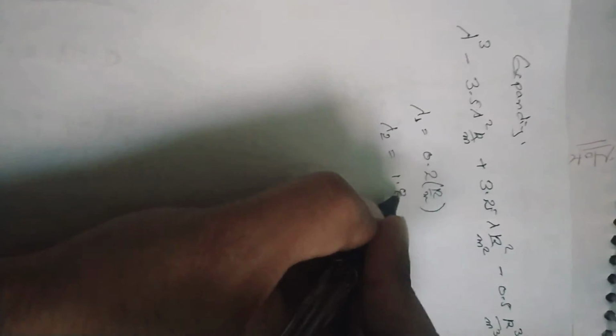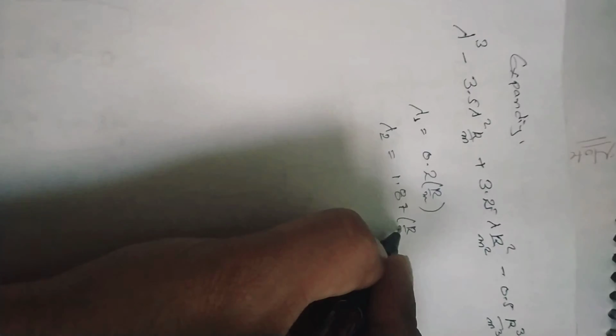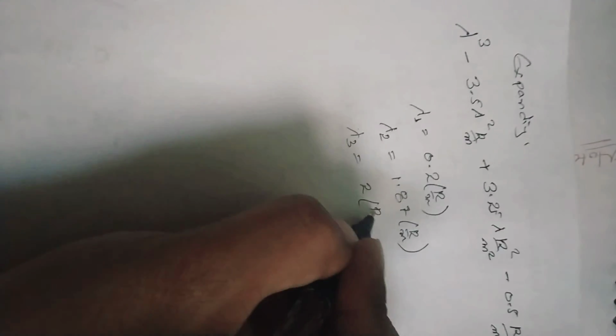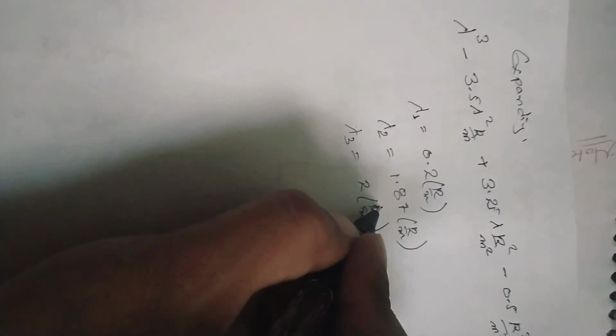After solving it through a calculator or by a conventional method, you will get the value of lambda 1, which will be 0.2 k by m, the value of lambda 2 is equal to 1.87 k by m, and lambda 3 is equal to 2 k by m. So you can write it as omega 1 square, omega 2 square, omega 3 square. So here you have three frequencies for a multi-degree freedom system.